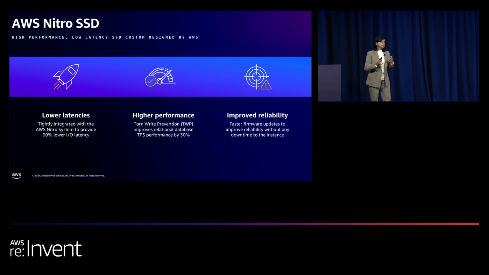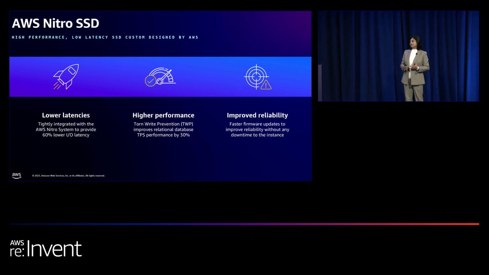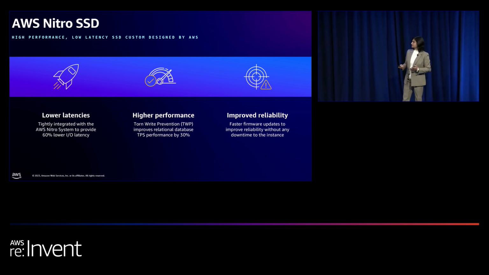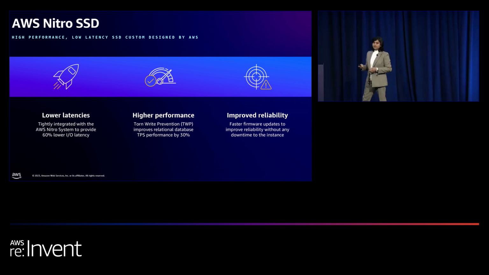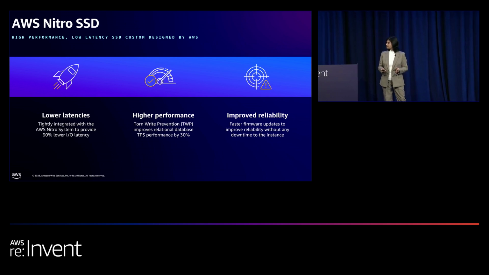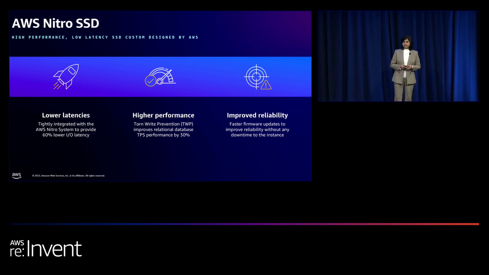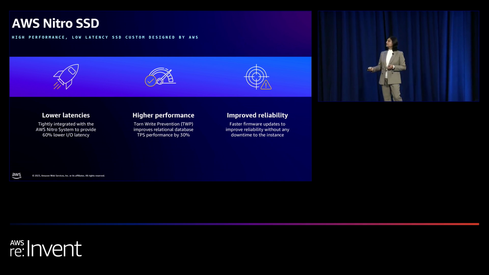Now let me unpack a little bit more behind the storage optimized instances. What is the power behind it which is delivering that performance and making them storage optimized instances? It's Nitro SSDs. Pretty much the majority of the I family instances are backed by Nitro SSDs. The primary feedback that we have heard from our customers about their storage intensive workloads is that many times they're running real-time applications, and these applications require very high performance.